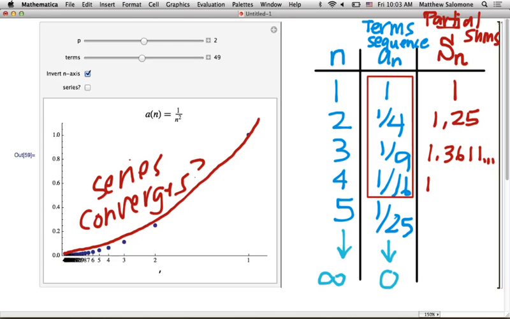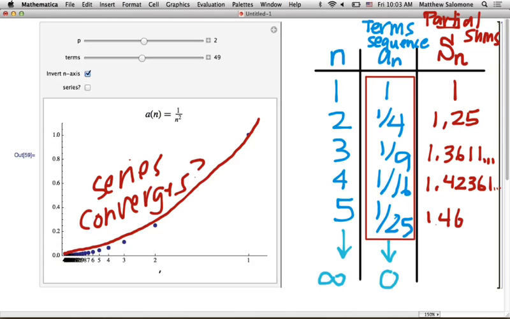This is going to be 1.42361 dot dot. Cool. And then I got one more for you. Add 1/25 to that, and I get 1.46361, etc. I'm not going to ask you to add those in your head. You've got calculators for it. I've got a PhD. Whatever. I'm just showing off at this point.